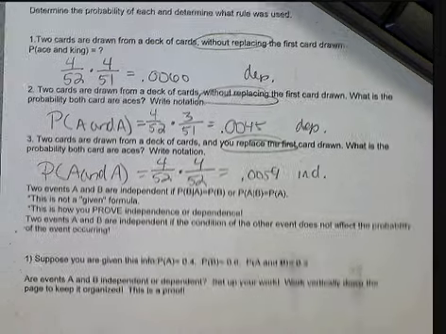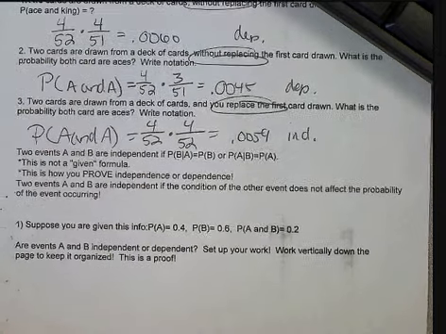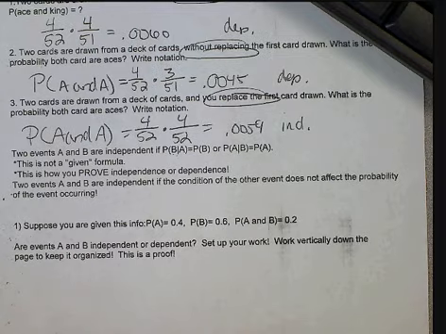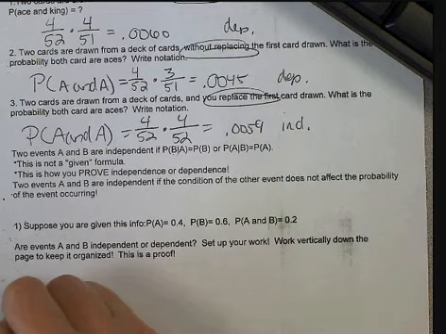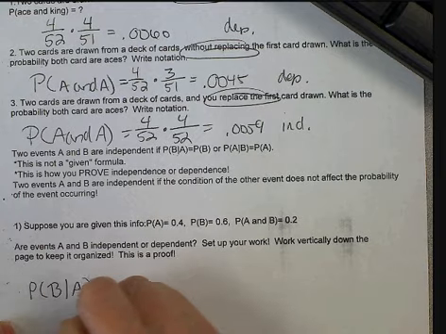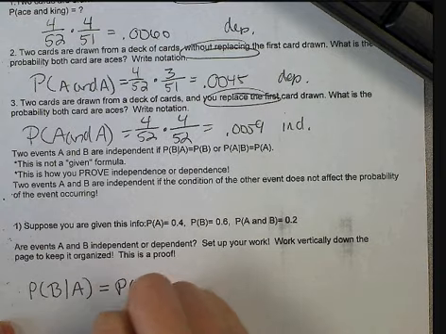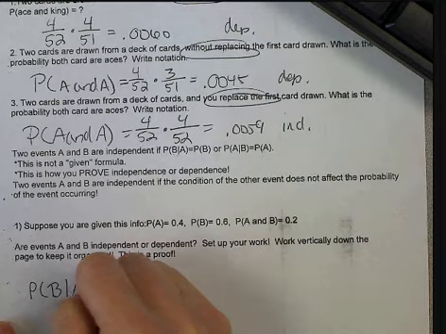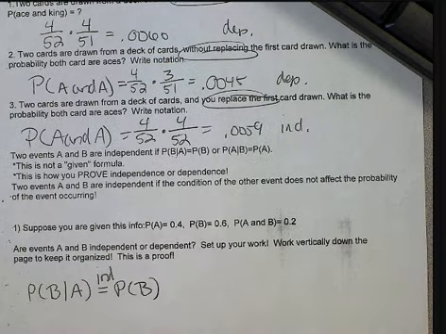Okay, so let's jump on down to our answer. We're trying to prove if these events are independent. If they are independent, the probability of B given A will equal the probability of B. So that's what we need to test.